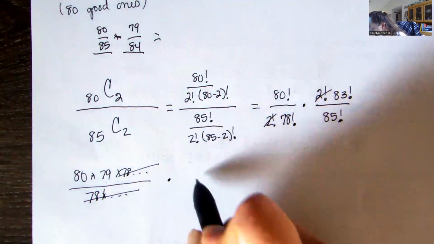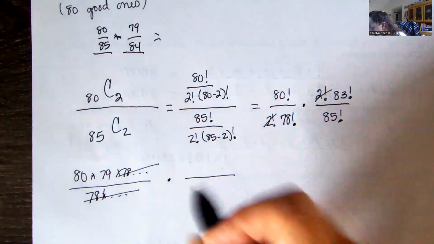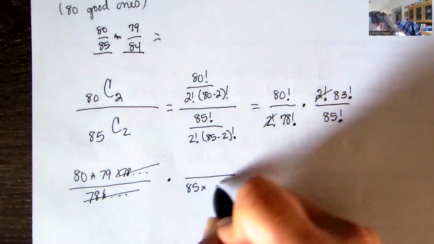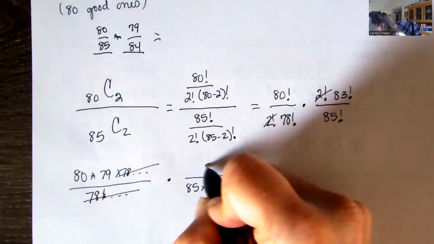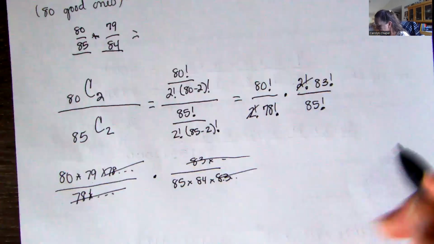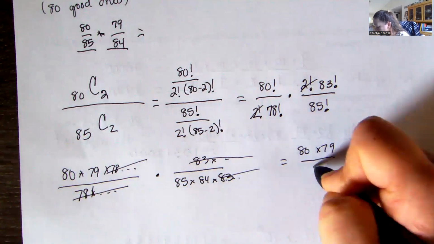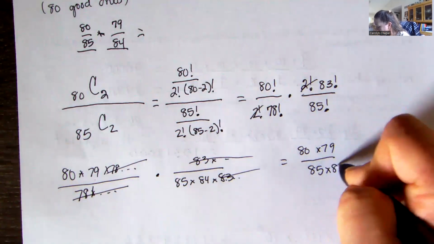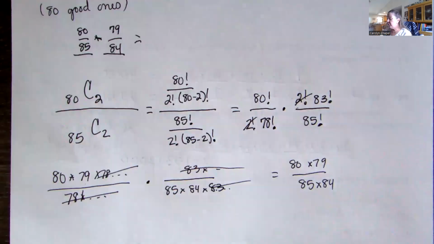Here we'd have that 83, which is 83 all the way down. This one is 85 times 84. 83 all the way down, 83 all the way down. Those cancel. We're left with 80 times 79 over 85 times 84, which is exactly what we had before. So two different ways to think about it, getting the same result.